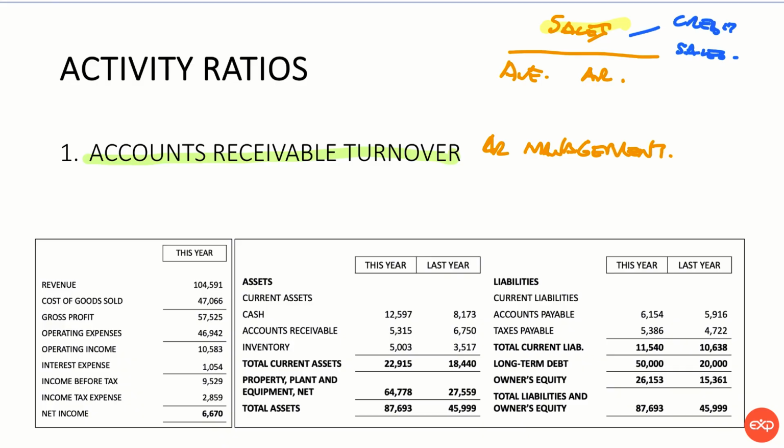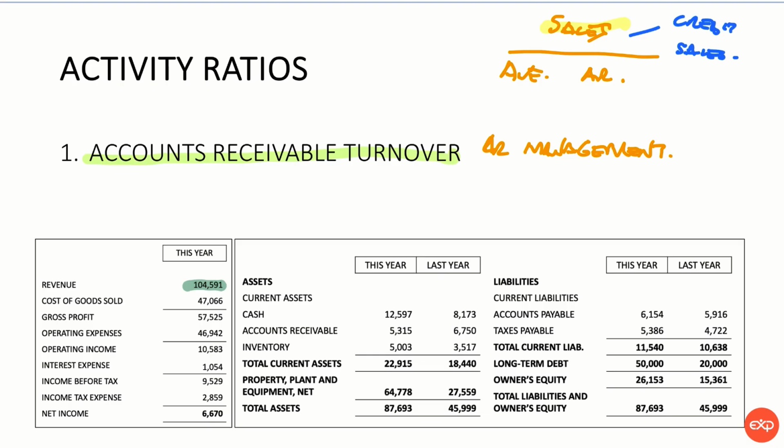With our set of example information and numbers, we don't actually have that split of what is credit and what is cash sales. We will assume for the purposes of the example calculation that this revenue here, everything is bought on credit. You don't have anything that is bought on cash. Everything is credit.